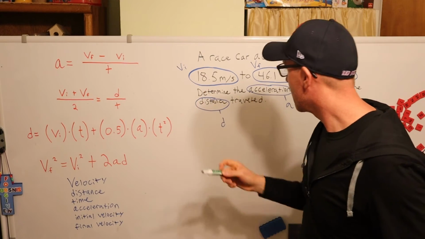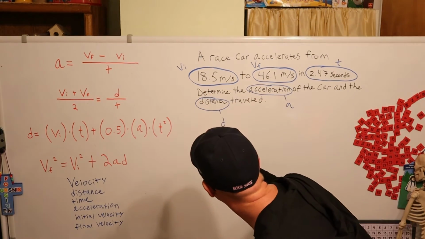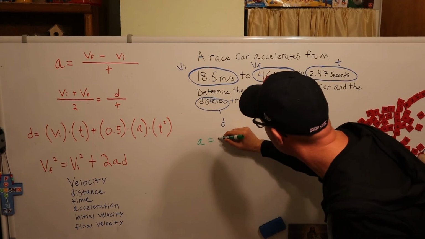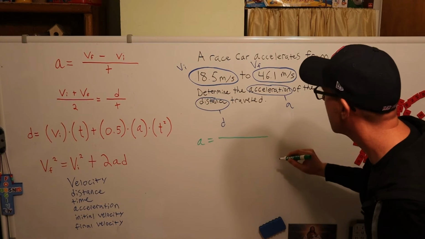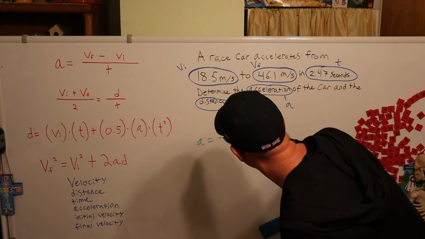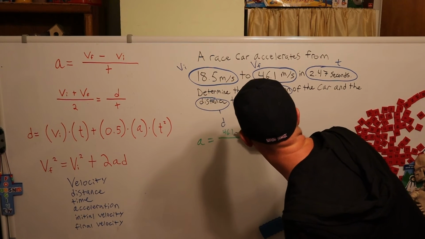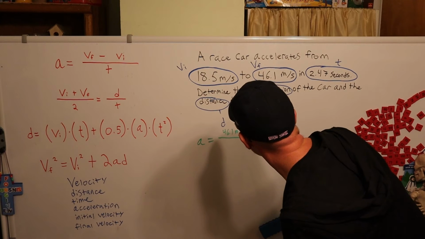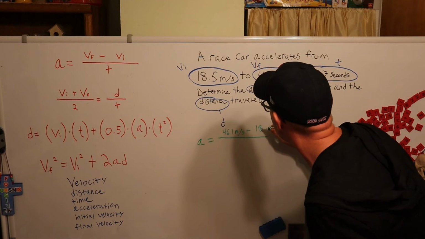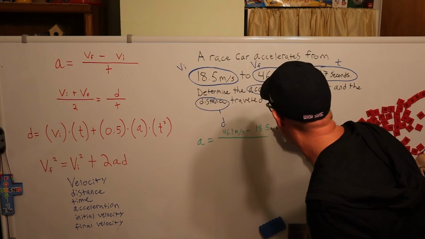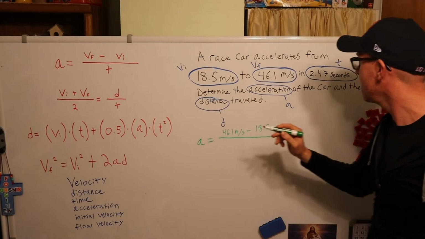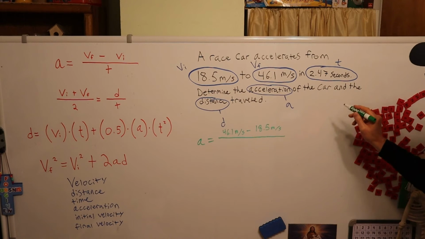Okay, so I got acceleration is equal to, so I got the final velocity, which is going to be 46.1 meters per second, minus the initial velocity, which is 18.5 meters a second. And I need to divide that by time. And we have 2.47 seconds.